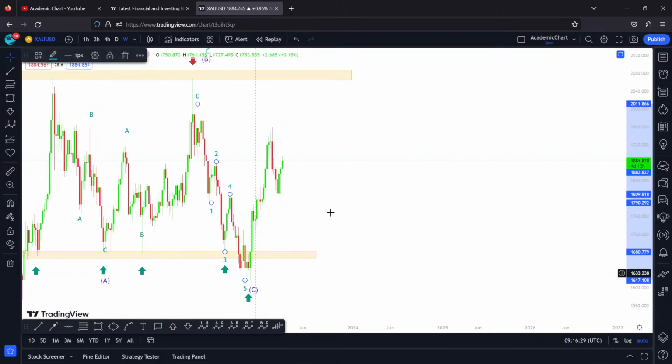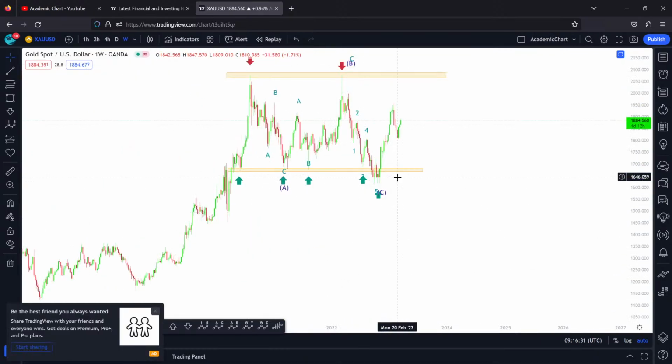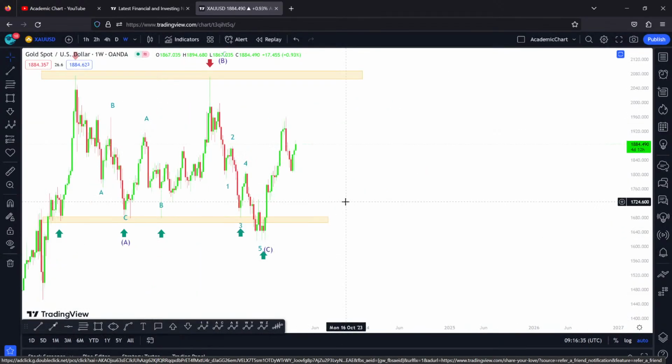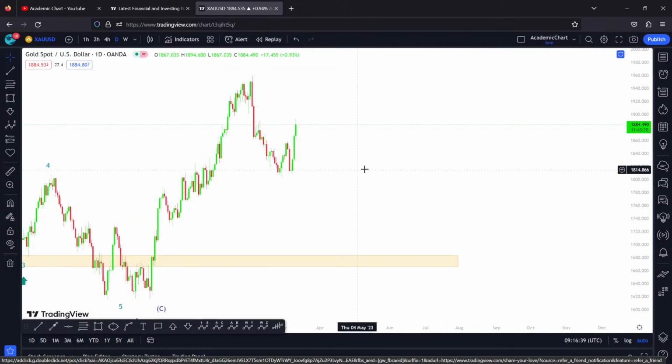It is 3-3-5, and we can count the waves as such here. That's enough, let's jump into the daily to see what we are seeing.